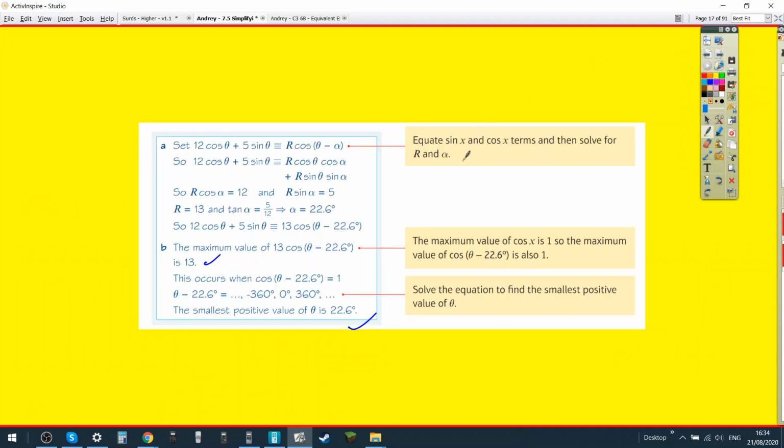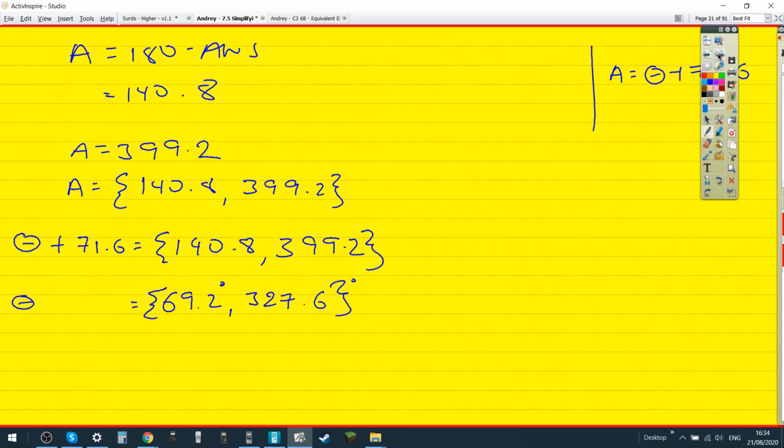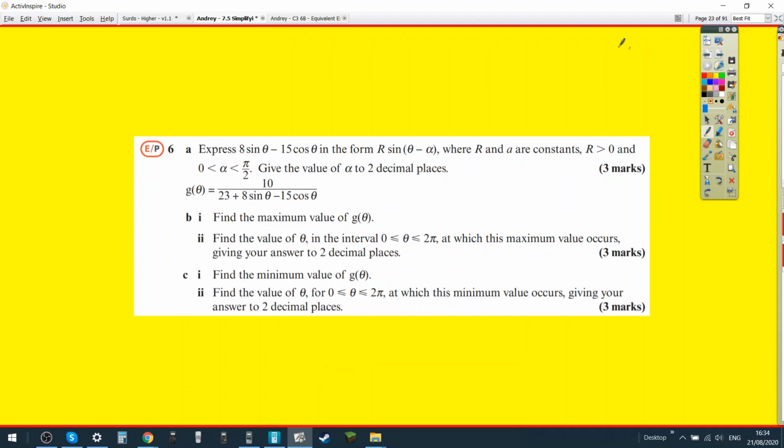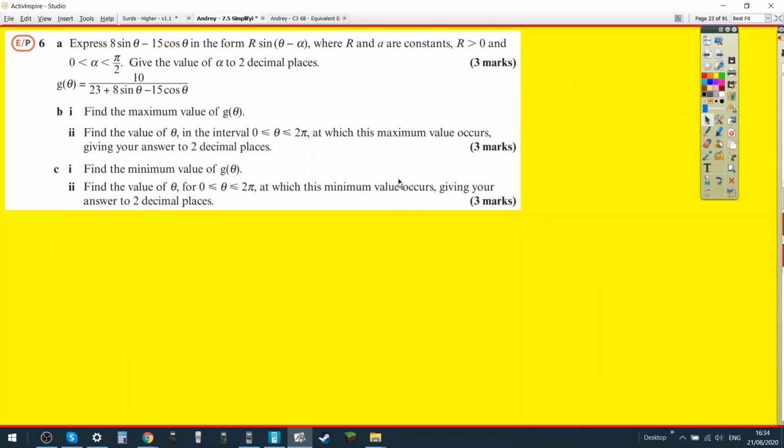No. Okay, so this occurs when cos theta... Oh yeah, that's a solving type of thing. This is a maximum type of question.